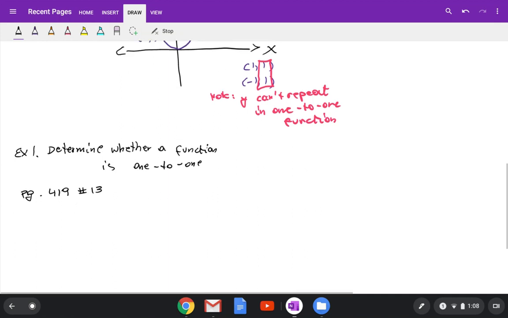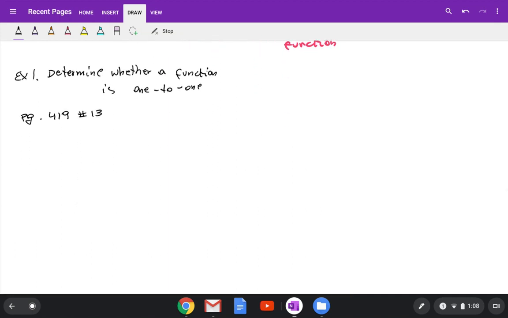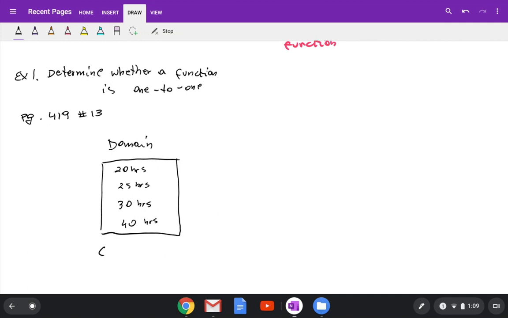So they give you a mapping. Mapping means like you're going to see a map. We have a domain, and the domain is hours of working. So that's our inputs, which means x values.